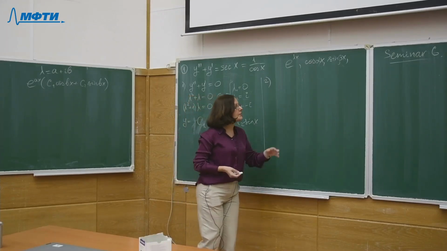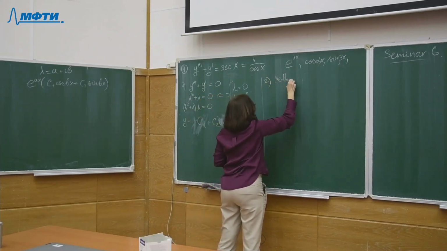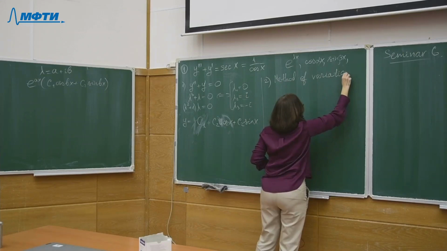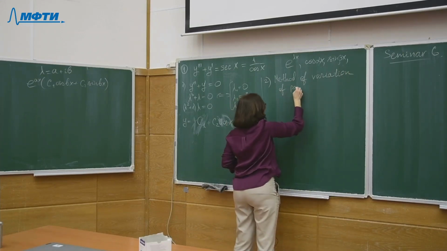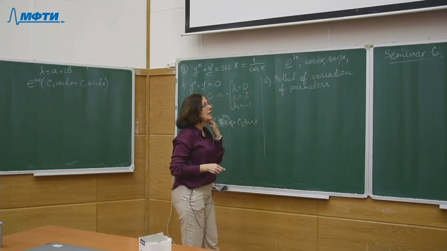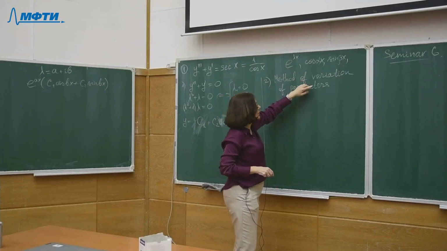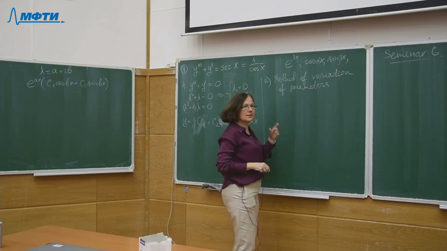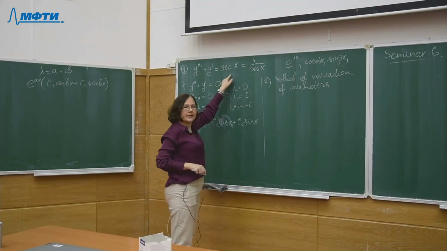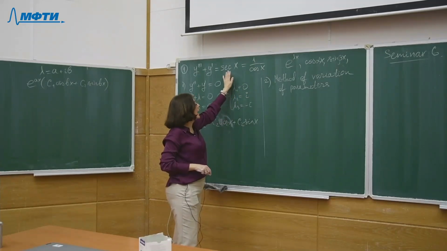And so we will use the method of variation of parameters. For this right-hand side it is less efficient, but it is more powerful, because it is applicable to any function on the right-hand side, not only quasi-polynomials.